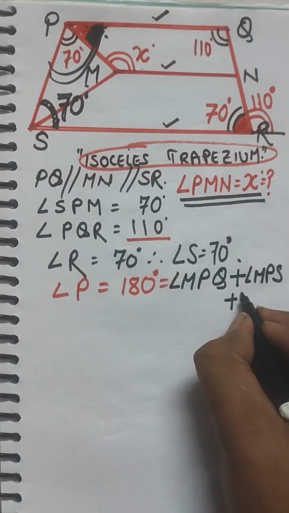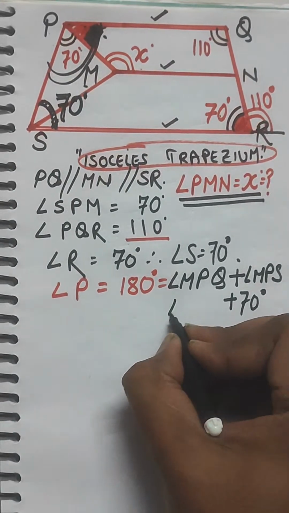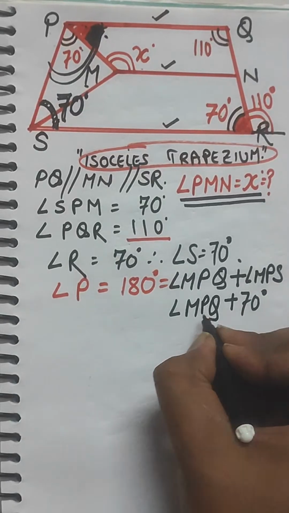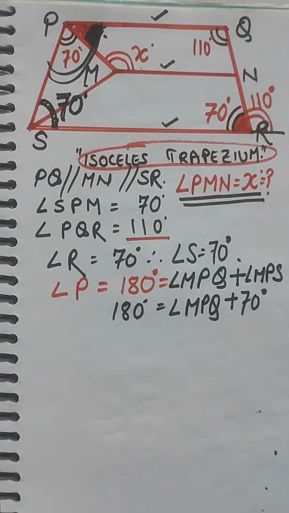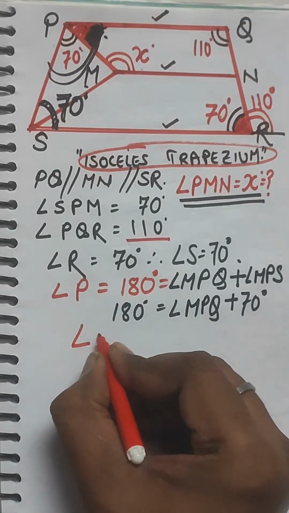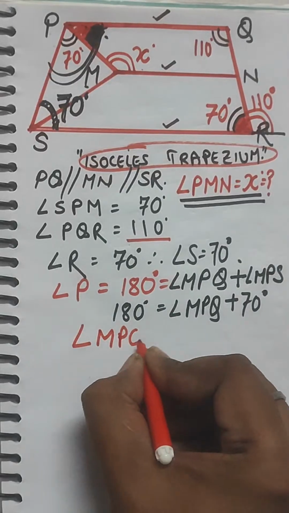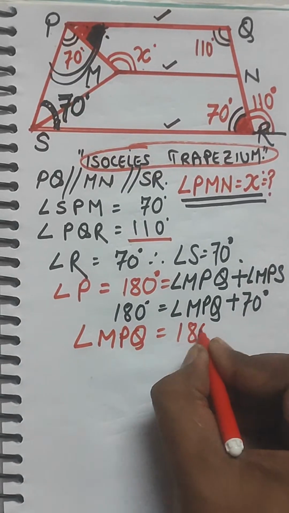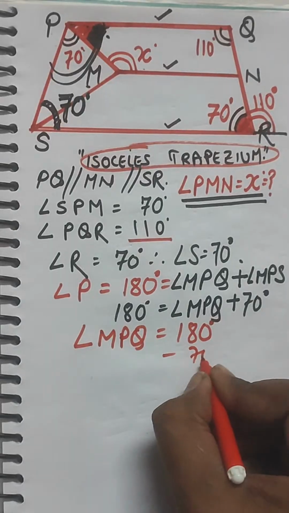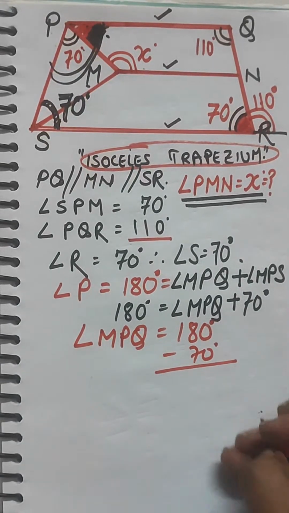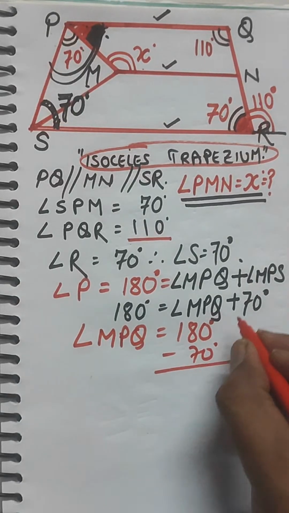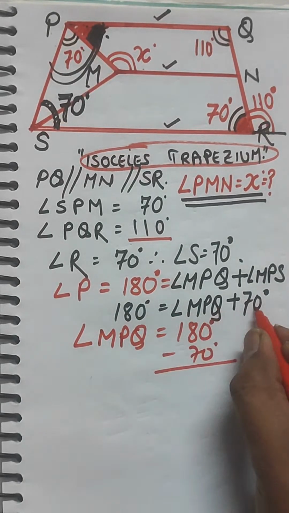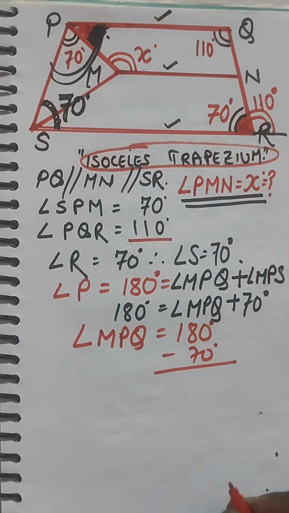So the value of MPS is 70 degree and MPQ is not known to us.